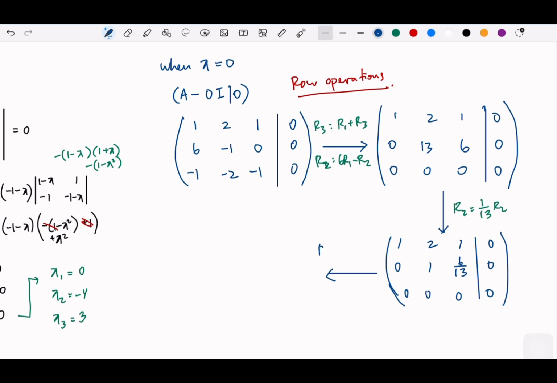So new R1 will be R1 minus 2 R2. So this is 1, 6 over 13, 0, and then this is 1, 2 minus 2 is 0, 1 minus 12 over 13 is 1 over 13.